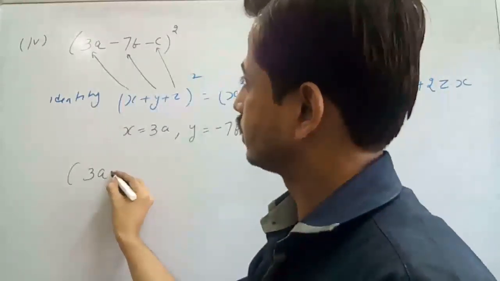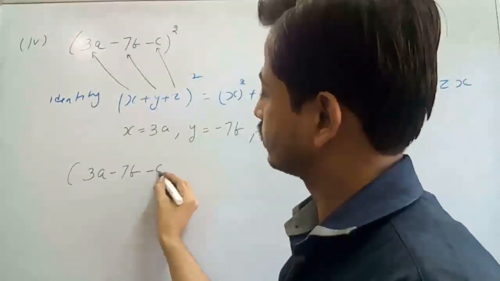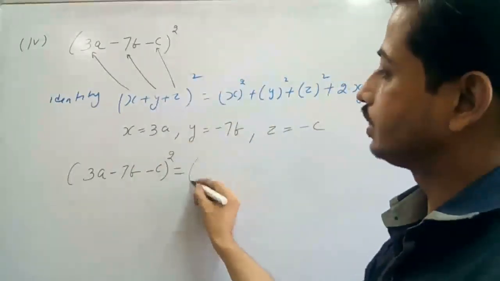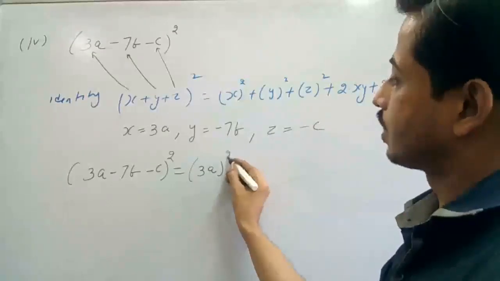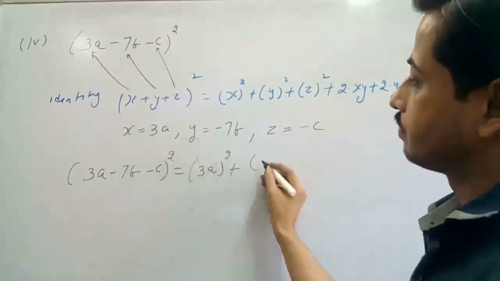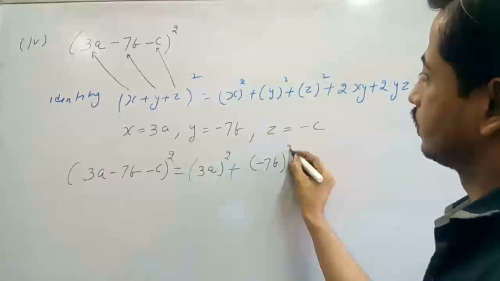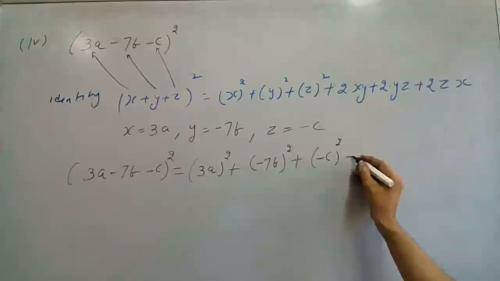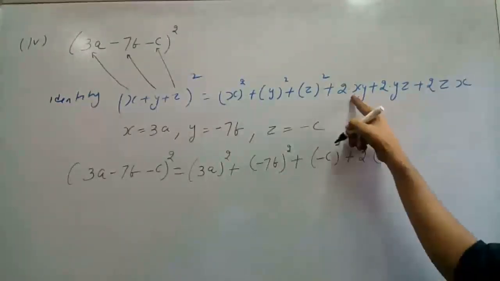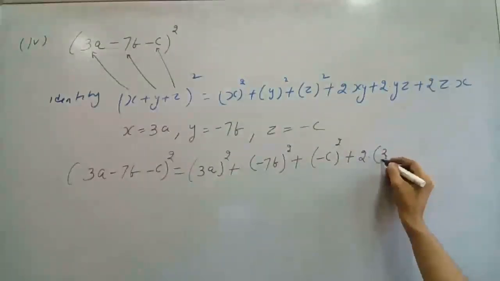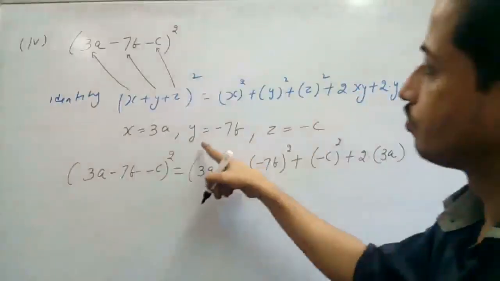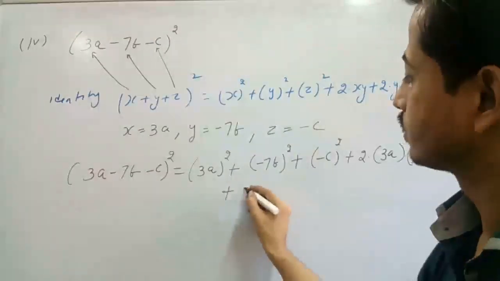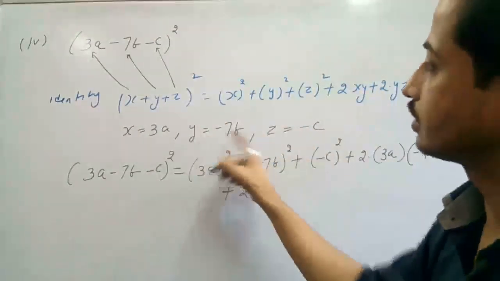Very simple. (3a - 7b - c) whole square is equal to x, x is 3a. Now y, y is minus 7b, plus z is minus c, plus 2 into x, x is 3a, what is y, y is minus 7b, plus 2 into y, y is minus 7b.